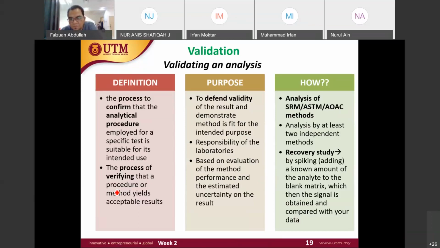So how? Analysis using a standard method, two methods, and a recovery study by spiking a known amount of the analyte to the blank matrix, which is then obtained and compared with your data.